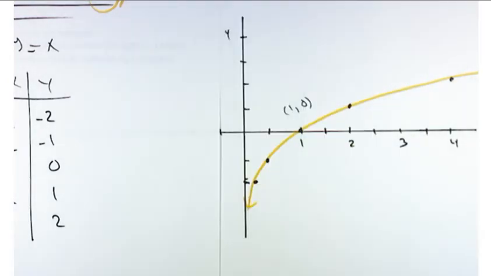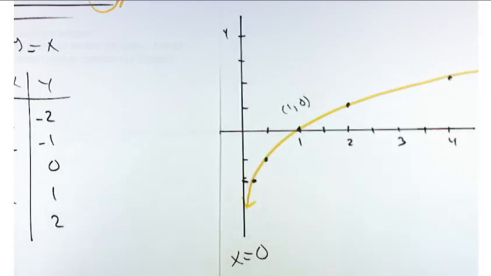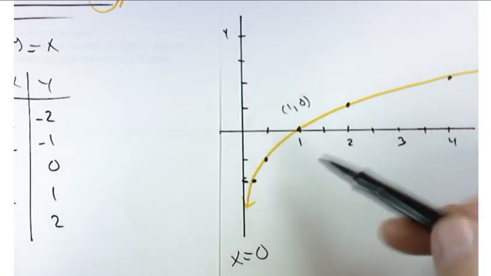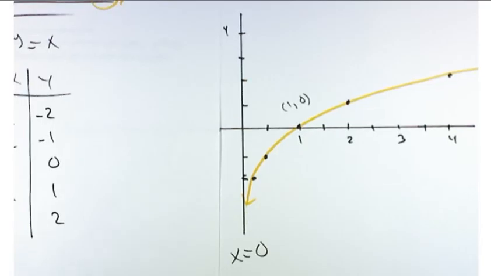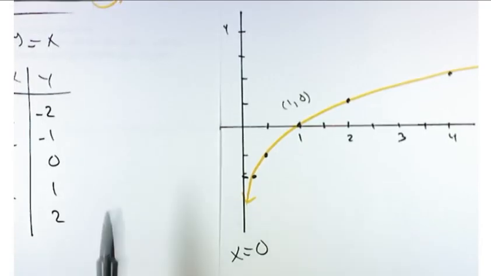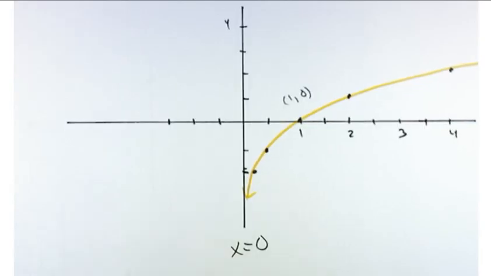The equation for the y-axis is x equals 0. Do you think this graph ever really touches the y-axis? Just a guess. No? All right. Well, let's see if it does in a different way.